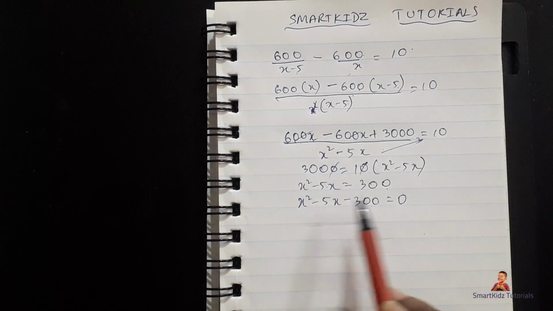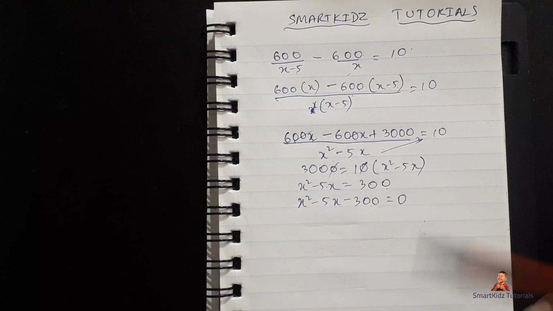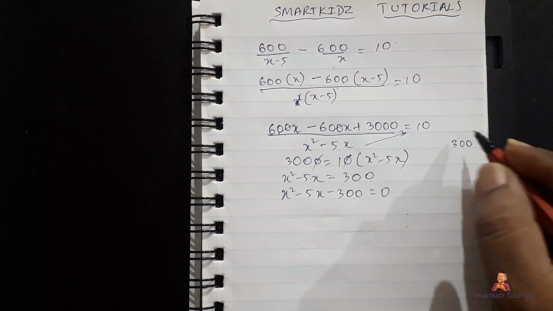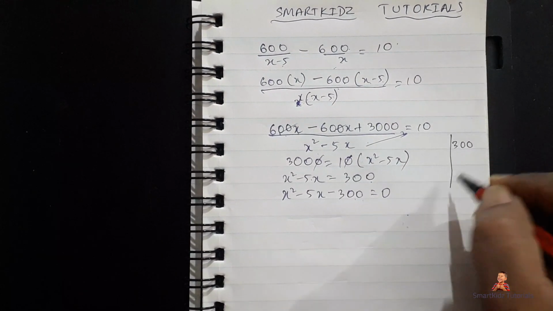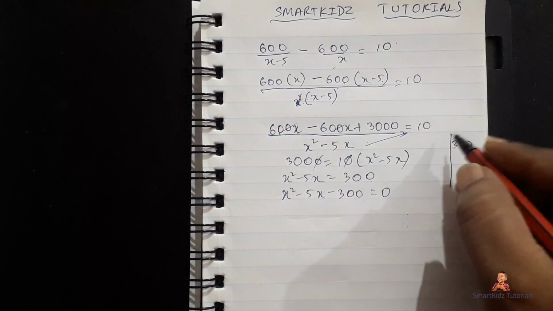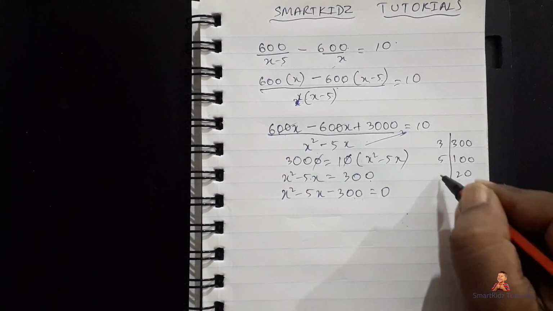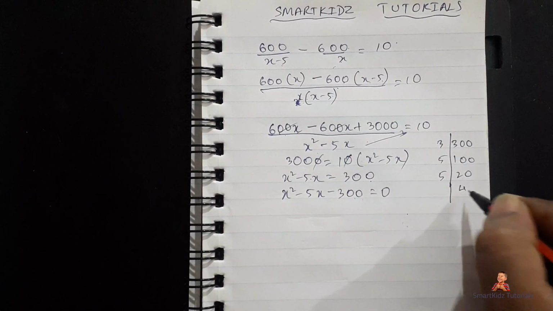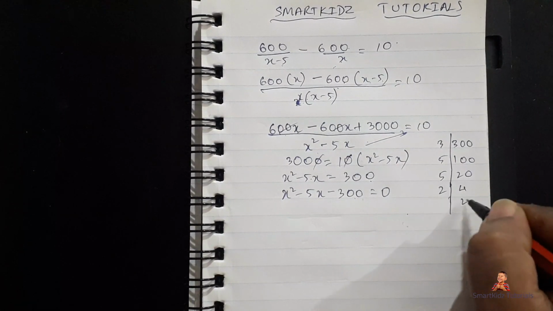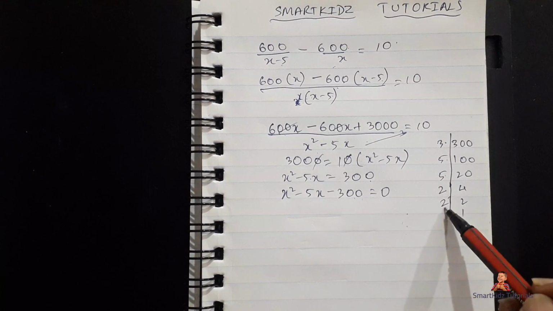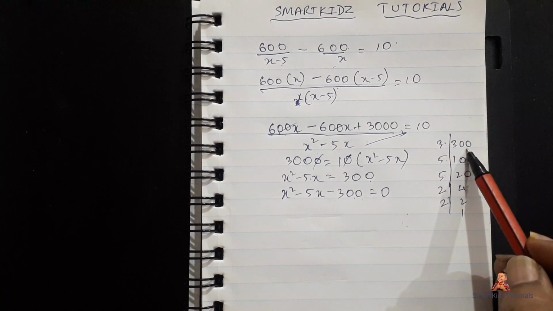So 300 is a product, 300 into 1 is 300. If we find the factors of that, so 300 you can do by the factorization method or using the quadratic formula as well. So this is 3 into 100, 5 into 20, 5 into 4 is 20, 2 into 2. So we have 3 into 5 into 5 into 2 into 2, that gives us 300.